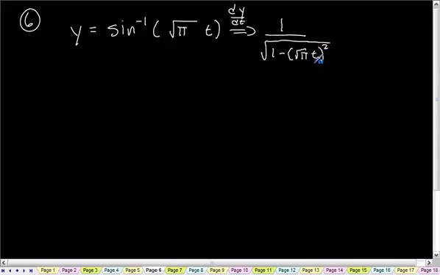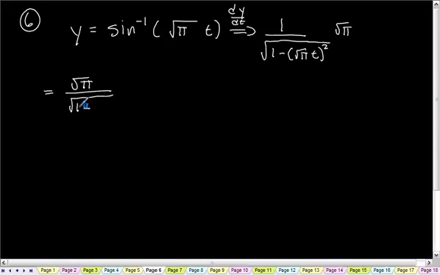and then we take the derivative of the inside. Radical pi times t, the derivative of that is just the radical pi. So we keep that on the top and bring it down here. This becomes radical pi on the top, and that's over the square root of 1 minus, is there a minus in the front anywhere?